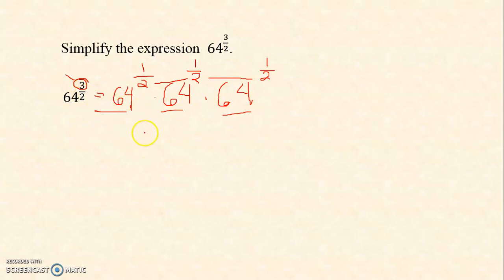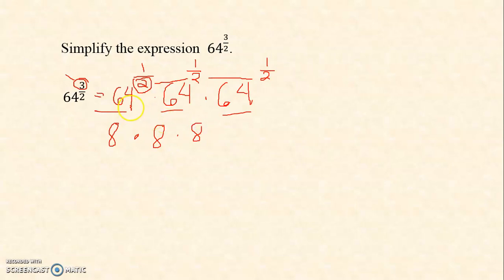Now, what is the value of 64 raised to 1 half? Again, our denominator is 2 here. So can you give me a number wherein if you're going to multiply by itself twice, the outcome is 64? Very good. That is 8. So 8 times 8 times 8. Okay?